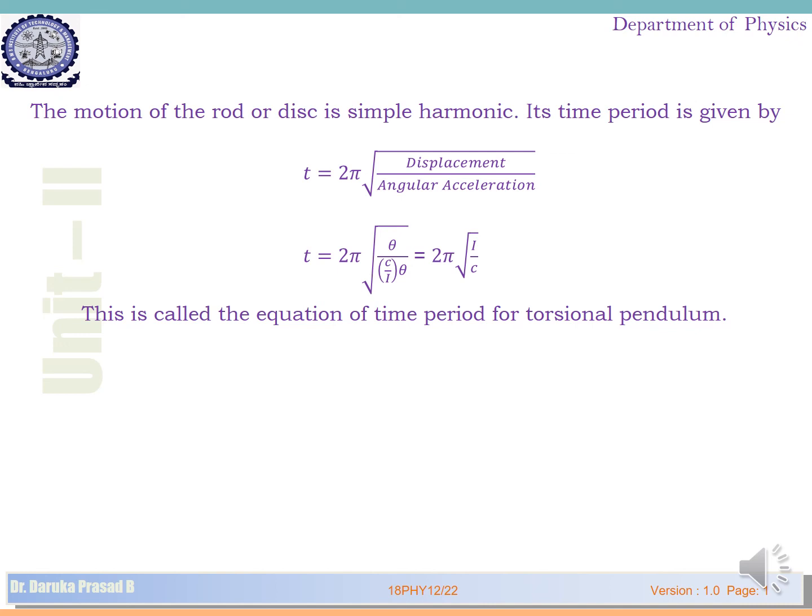Therefore, T is equal to 2 pi into square root of theta divided by C by I into theta. Here neglect the negative sign, which just indicates a sign convention. So by ignoring that, you get the expression for the time period of a torsional pendulum as 2 pi root of I by C, where I is the moment of inertia and C is the couple per unit twist of the given torsional pendulum.